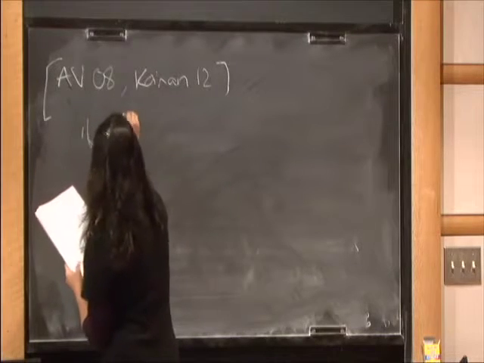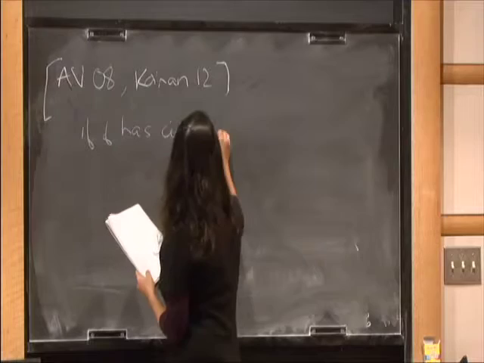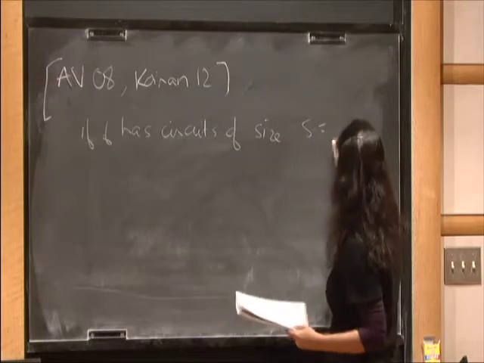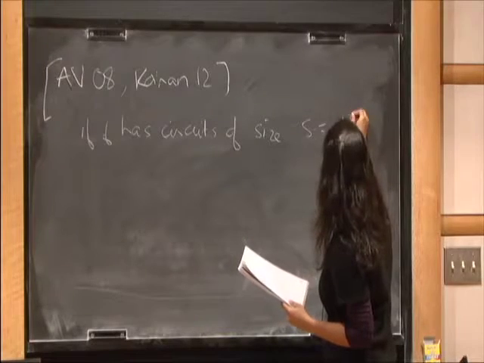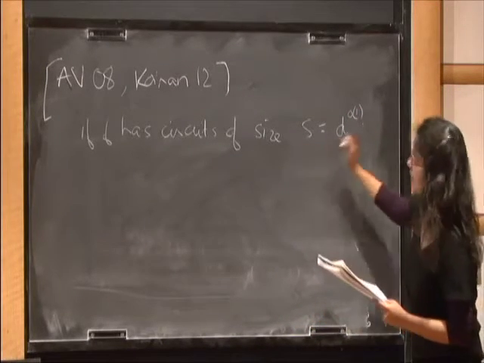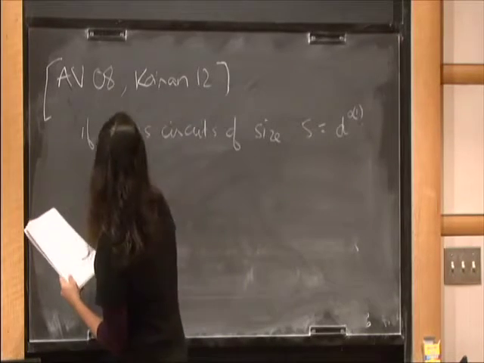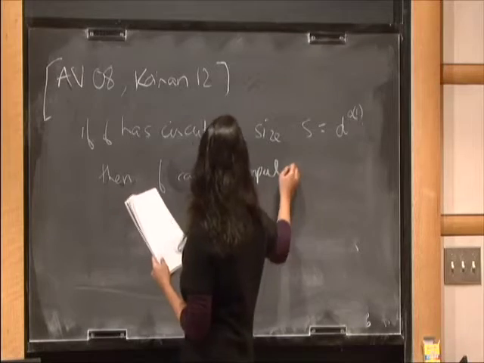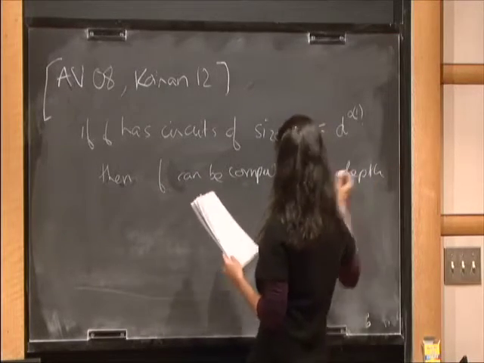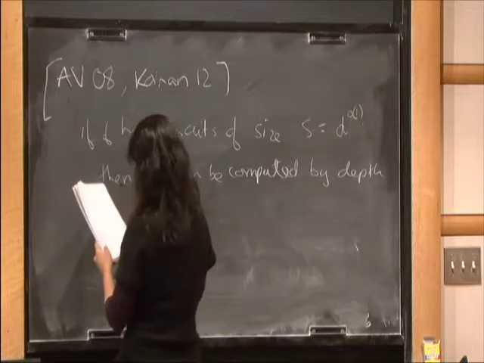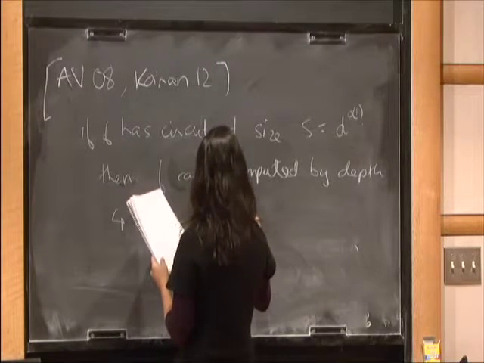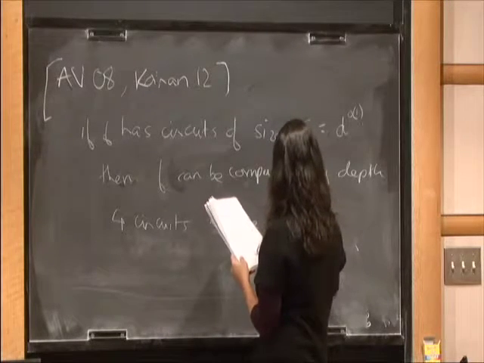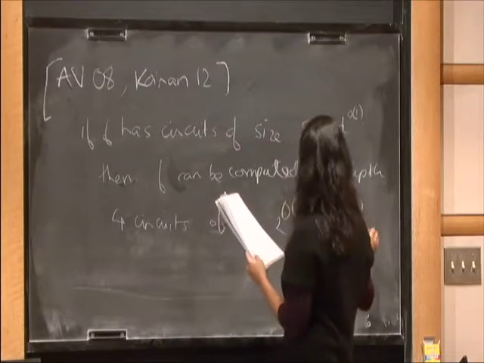If f has circuits of size s, and at least for the Koiran result, let's assume that the size is polynomial in the degree for now, then f can be computed by depth 4 circuits of size 2 to the order of something like root d log squared d.